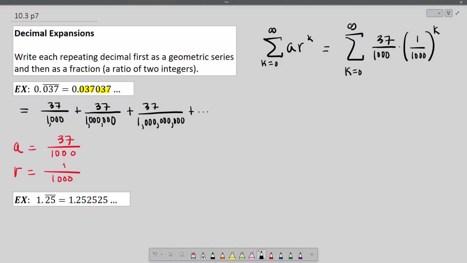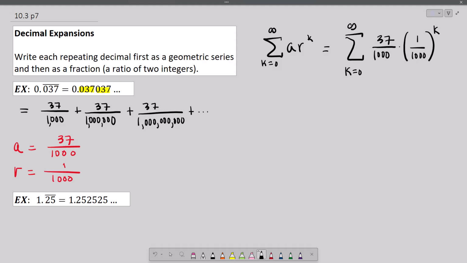If you plug in k equals 0, you'll get the 37 divided by 1,000, which is our first term. You plug in 1 to get the second term, and the second term will have a denominator that's 1,000 times 1,000, which is 1,000,000. And it matches. So that is our series in summation notation.